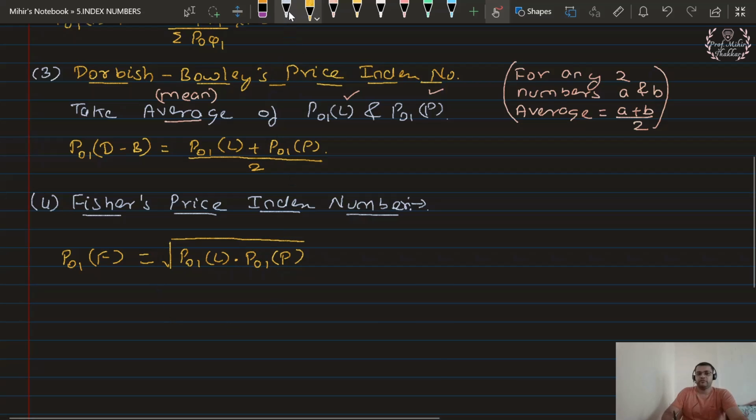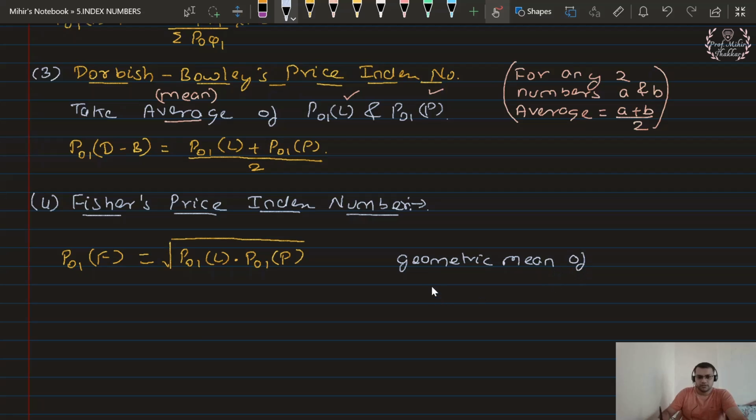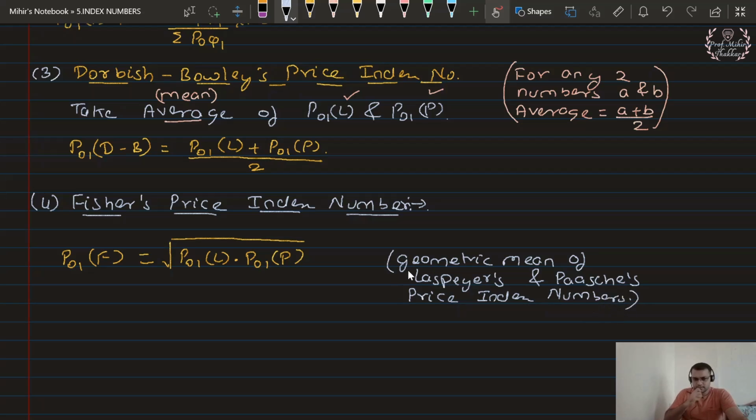This process of multiplying the two numbers and then taking the square root, we call it as geometric mean of Laspeyres' and Paasche's price index numbers.